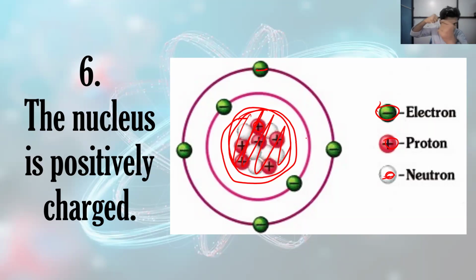Inside the nucleus we have only protons. There's no charge from the neutrons, so there's no need to care about that. So in my hand I will have only the nucleus, and inside the nucleus we have the protons, so positive charge. The neutrons, the white color particles, have no charges, so there's no need to worry.